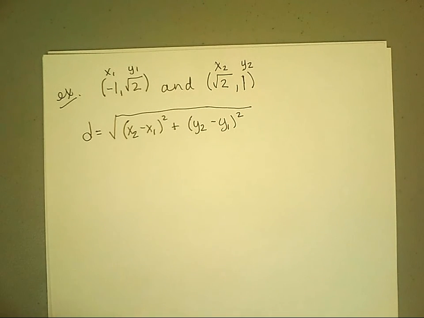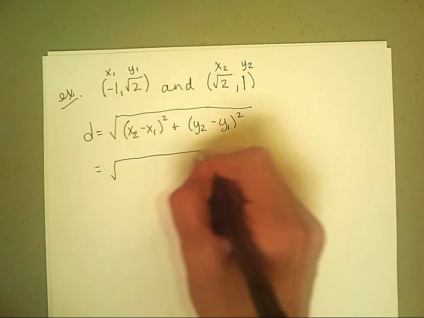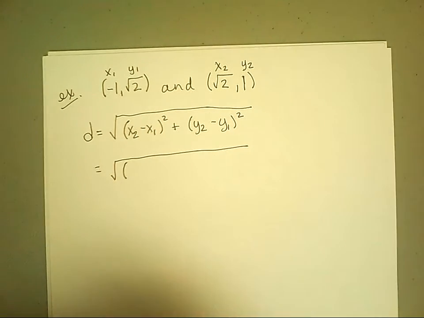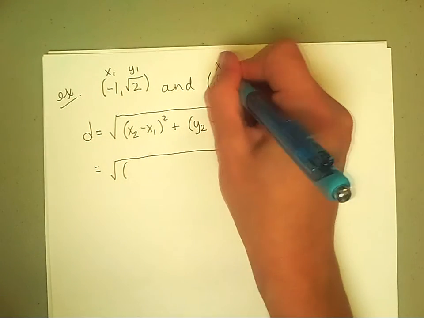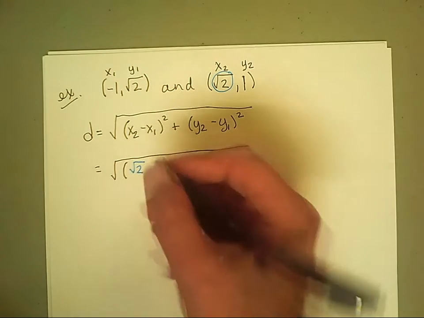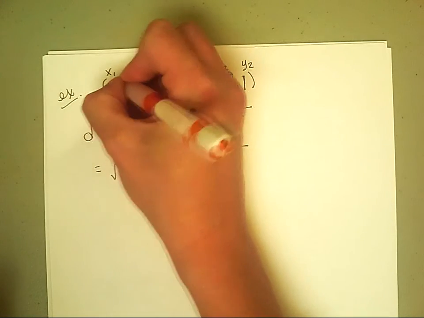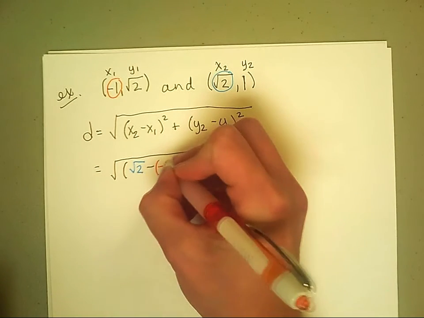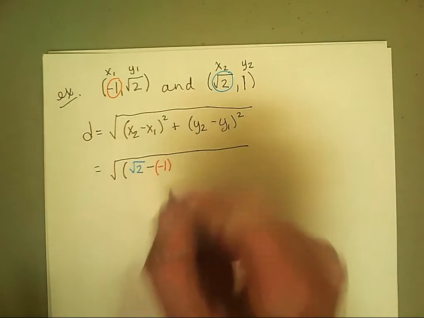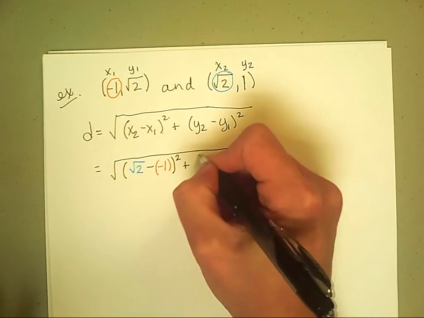So distance is equal to the square root, parentheses. Now, x2 is the square root of 2. Now minus, from the formula, x1. Now x1 is negative, so I'm going to put that in parentheses. Now we close and square from the formula.